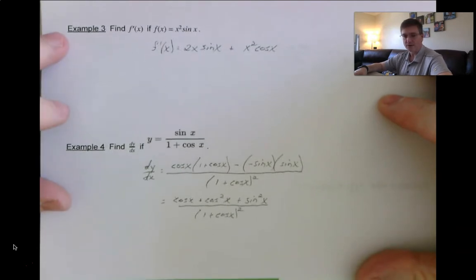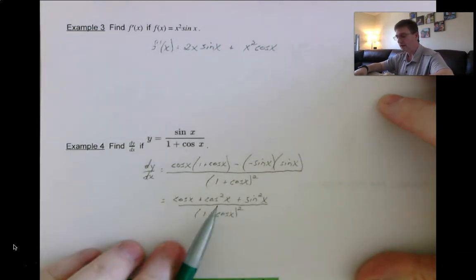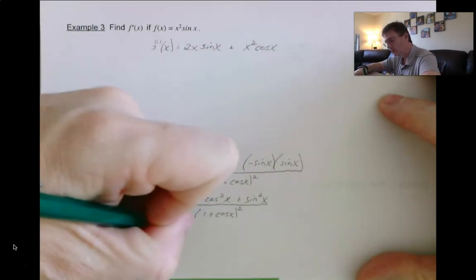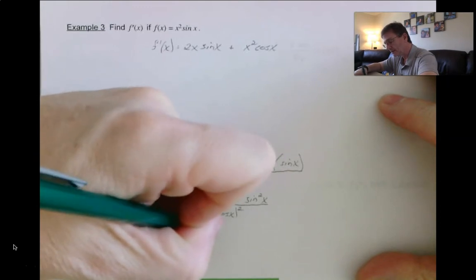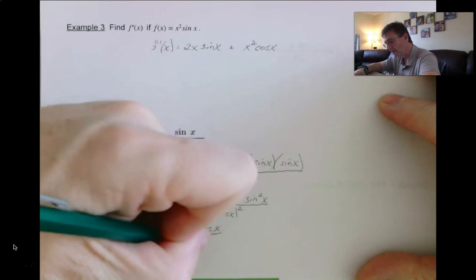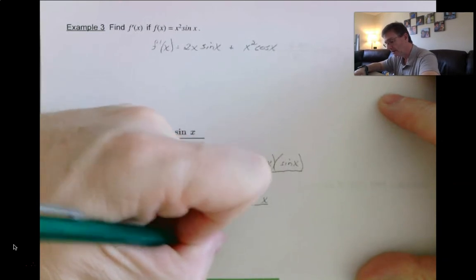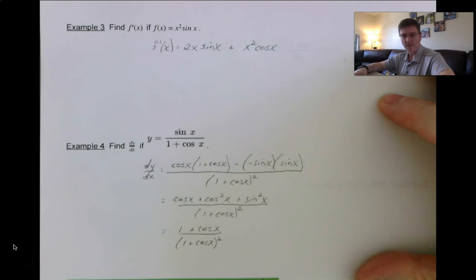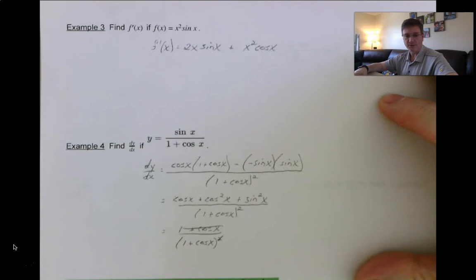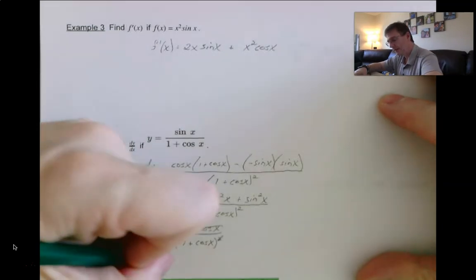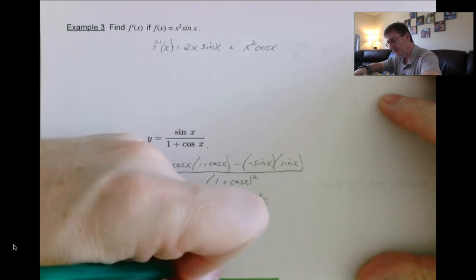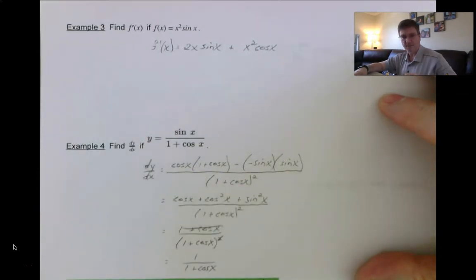If you remember back to your trig and pre-calc days, cosine squared plus sine squared is 1. So the numerator becomes 1 plus cosine x over the denominator, 1 plus cosine x squared, which means the numerator cancels with one of the 1 plus cosine x's in the denominator, giving us a final answer of 1 over 1 plus cosine x. And that's example 4.